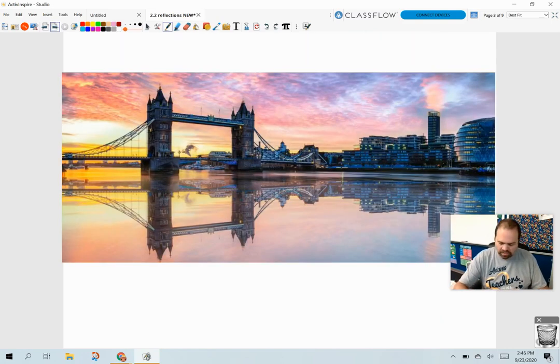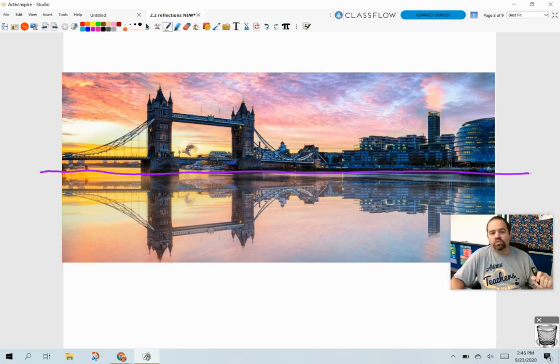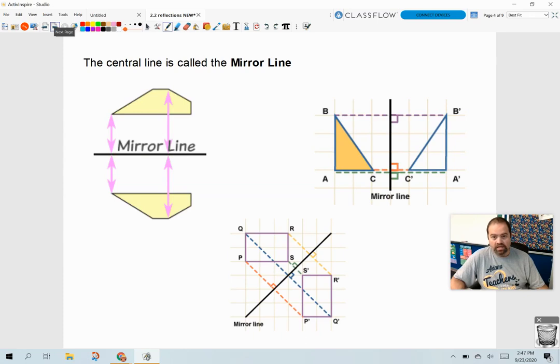So just some neat pictures here. There's another line here. It's a little less visible, but this is our line of reflection. So all of these reflections that we do are going to be across a line. That line is called a mirror line.